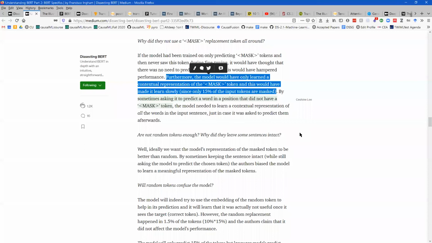Yeah. I see. So you're saying we can't just ask it to predict whether there should be a mask. In other words, it's not allowed to predict that the next word is a mask token. Yeah, and it needs to learn all of the words, because any of the words could be the one that could be masked. Yeah.